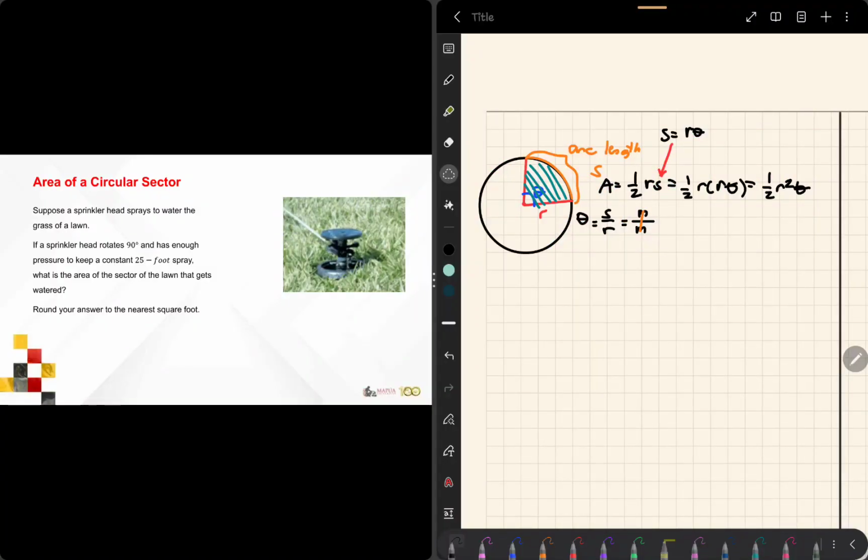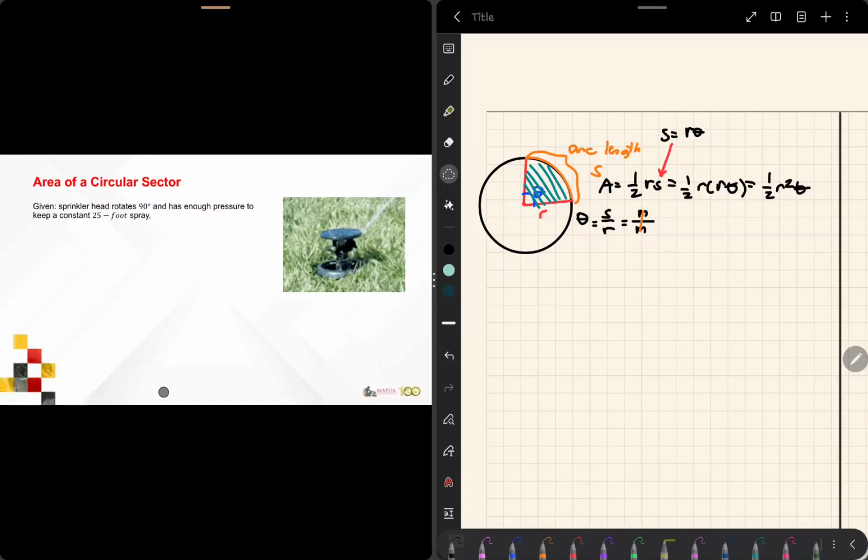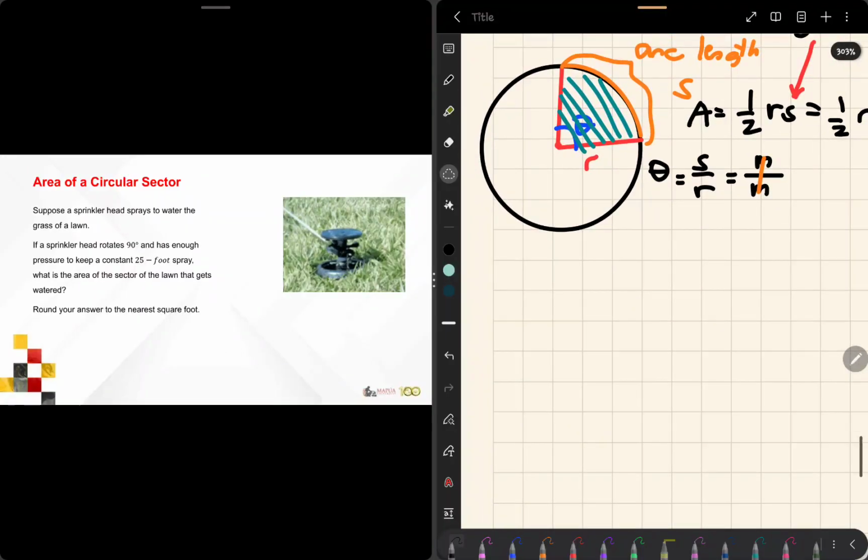If a sprinkler head rotates 90 degrees and has enough pressure to keep a constant 25-foot spray, what is the area of the sector of the lawn that gets watered? Let us first write all our given. We have an angle theta equal to 90 degrees, and enough pressure to keep a constant 25-foot spray.